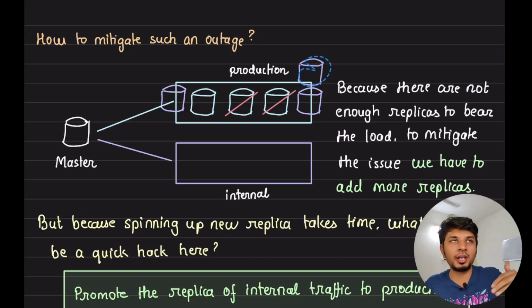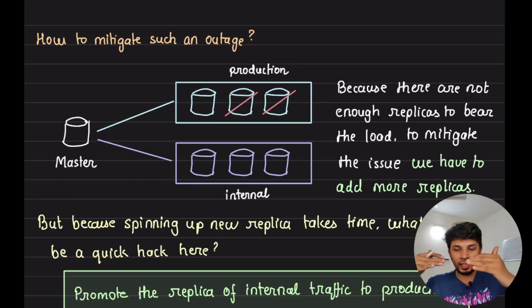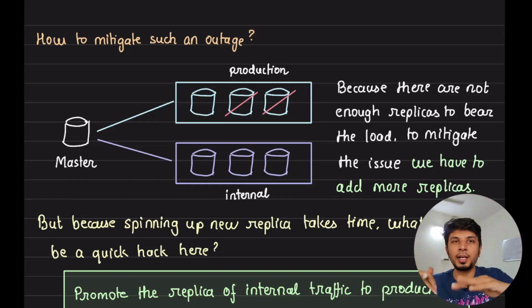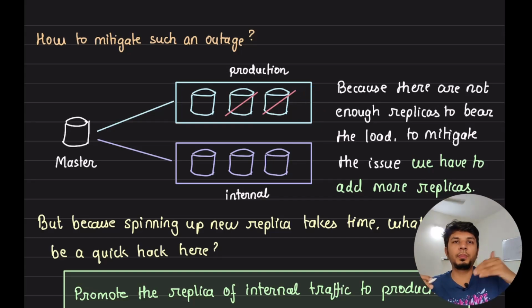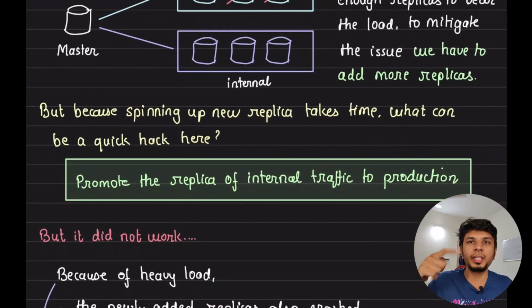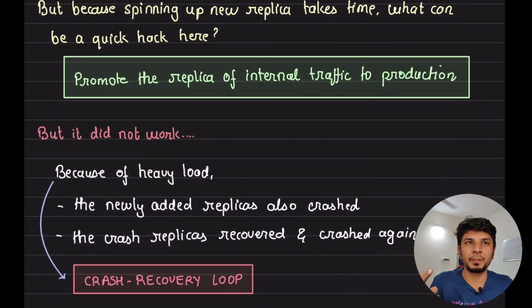External traffic, the main github.com website, should be up and running as soon as possible. So they promoted all of their internal read replicas into external read replicas, added them to this fleet so they could serve the production read traffic. That's how they quickly increased their production read replica capacity.